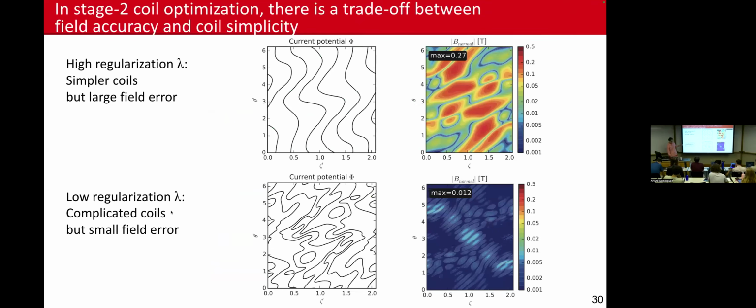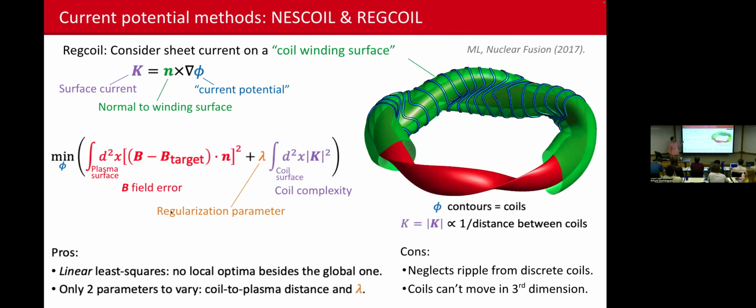So the minimization problem is to choose a distribution of the current potential on that surface to minimize these objectives. But remember, the current potential is just straightforwardly related to the current. So really what you're doing is exactly what you said. You're choosing a distribution of that sheet current on that surface, and you're choosing that distribution to minimize these.